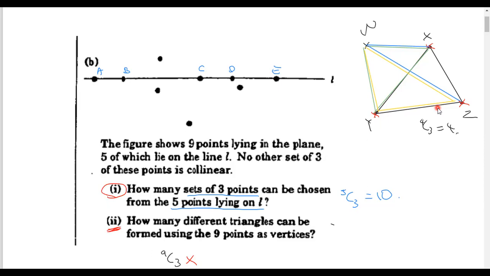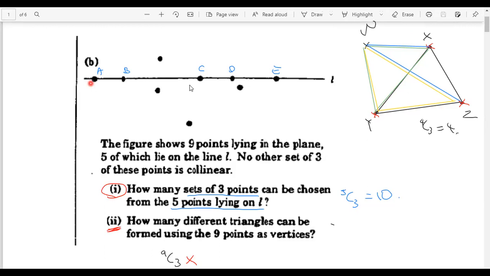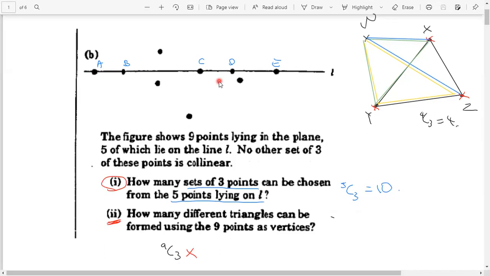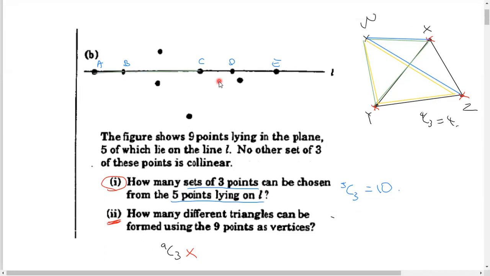So if you have 3 points, like A, B, C, and you join them up, well, that doesn't look like much of a triangle, does it? It kind of is just a straight line. Or alternatively, we could pick C, D, and E. So C and D join up, D and E join up, and C and E join up. Again, not really much of a triangle.